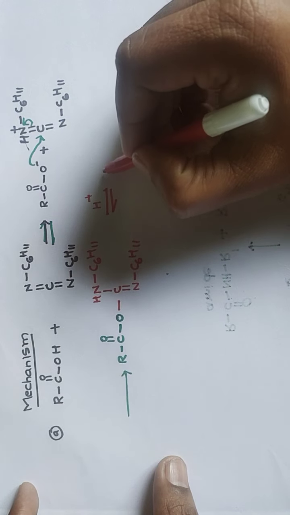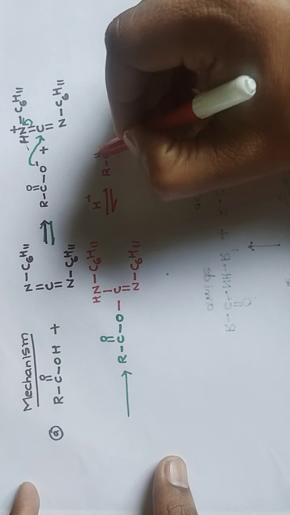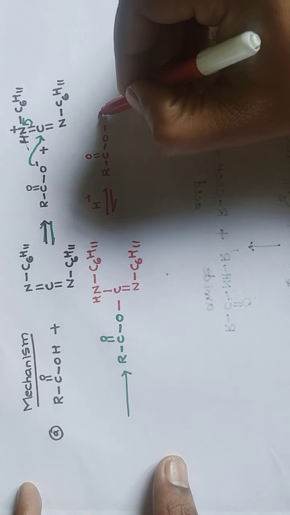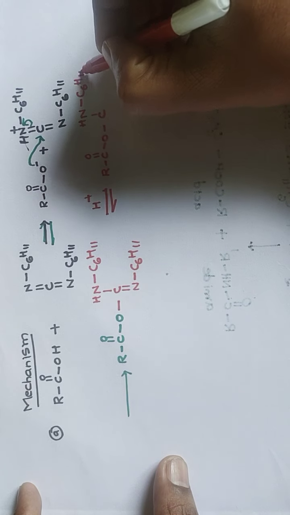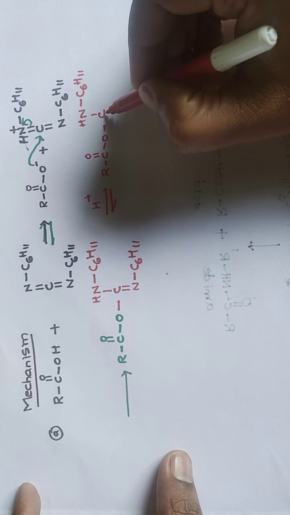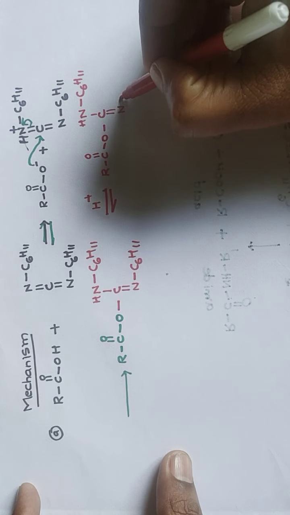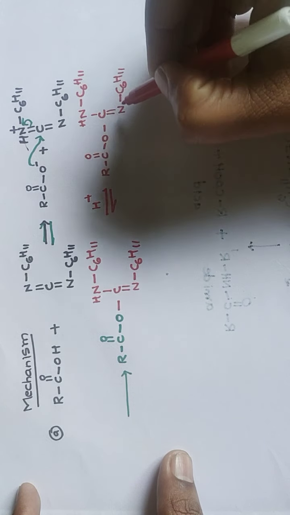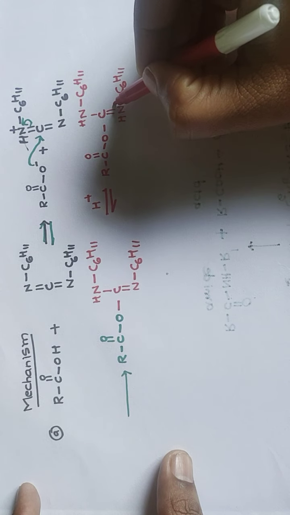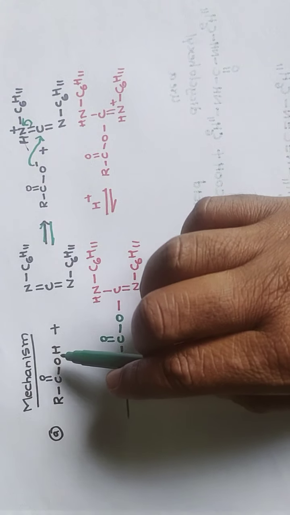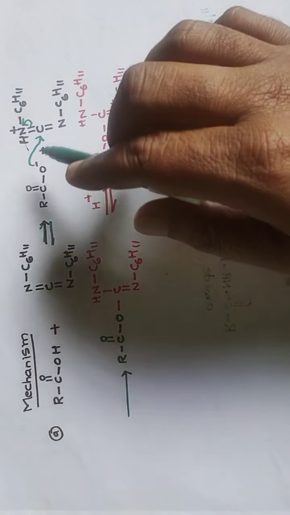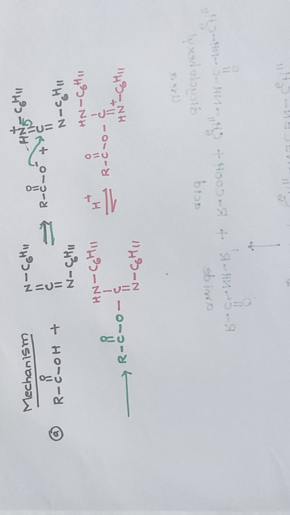So R C double bond O, O, C, this is as usual NH C6H11. Now this one, double bond N C6H11. So this nitrogen gets protonated, so hence nitrogen will acquire a positive charge. So this is what happens first. Okay, so protonation of nitrogen, then attack of the carboxylate ion, resulting in the formation of this intermediate.